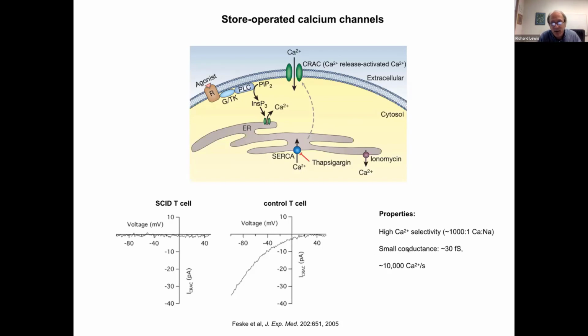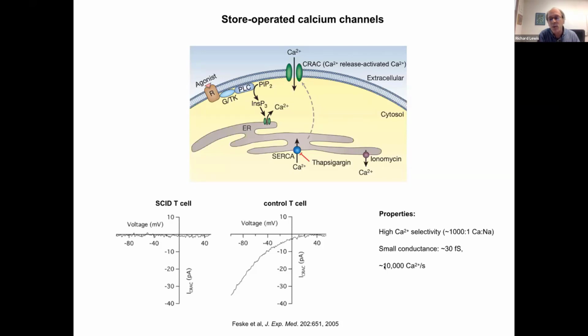The second characteristic is that it has an extremely small conductance. Steve talked about this a little bit earlier, and perhaps a structural basis for this characteristic. The conductance is about 30 femtosiemens, which corresponds under physiological conditions to something like 10,000 calcium ions entering the cell per second.